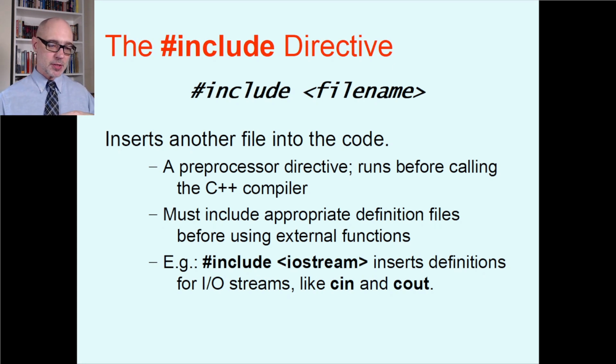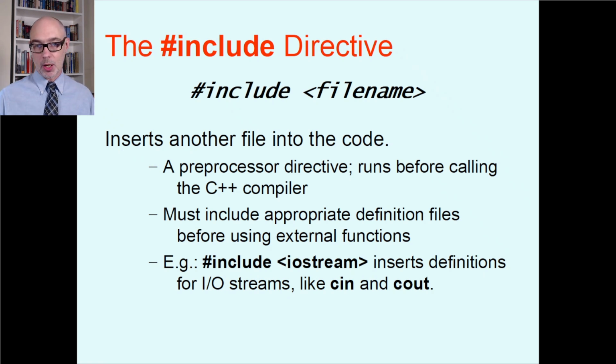So stuff that some other programmer previously wrote, like cin and cout and things like that, are available in C++, but you need to include the definitions so that the compiler knows what you're talking about. And that's what this #include does: it copy-pastes pre-existing code into your file so the compiler knows how to deal with it. The one example we've seen so far is this #include <iostream>.